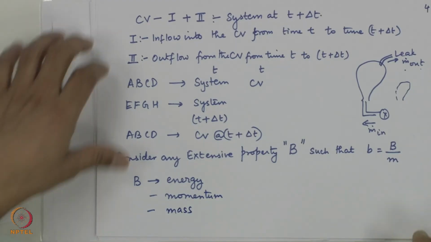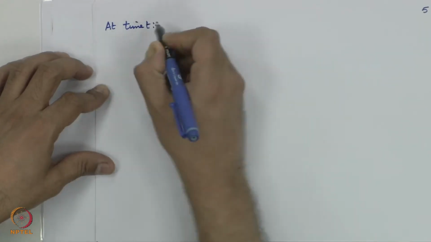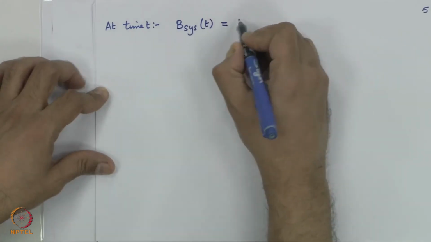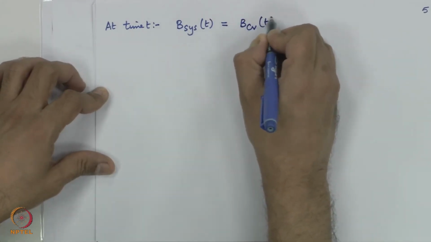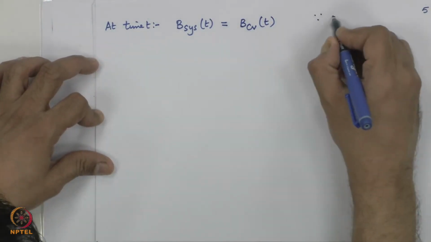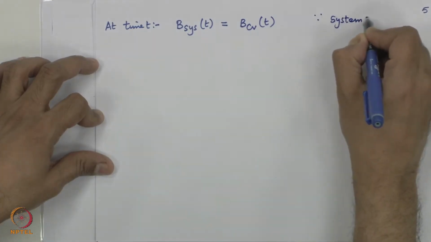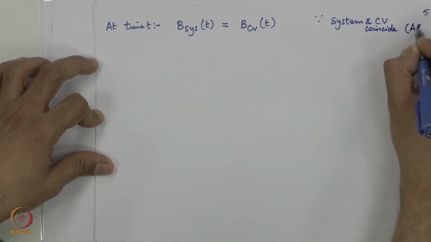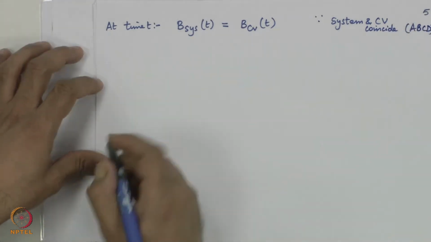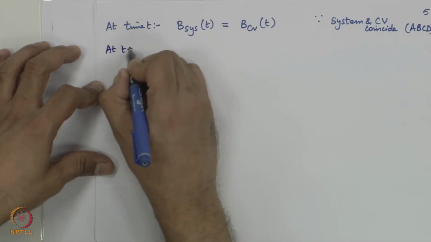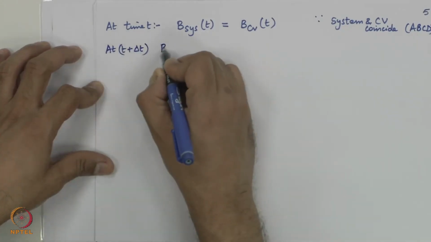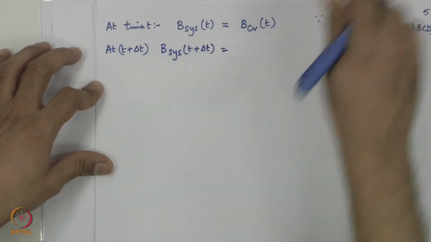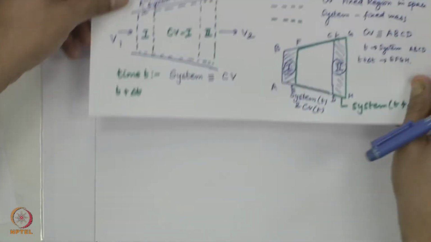At time t, what are we writing? At time t, B of the system, the extensive property of the system, is the same as the extensive property of the control volume, because system and control volume coincide, given by A, B, C, D. Now at time t plus delta t, B of the system at t plus delta t, this step is what is important, and we have already seen this from the diagram.